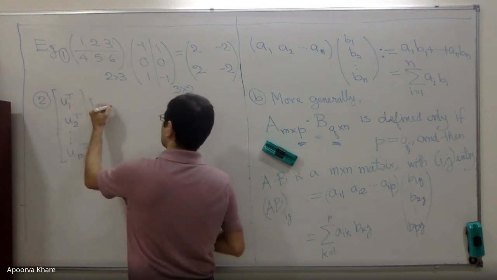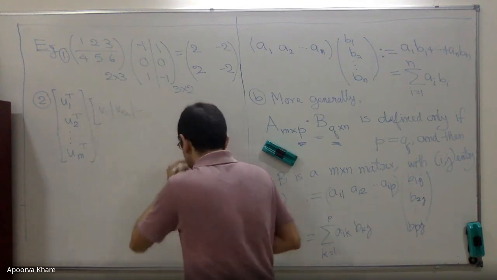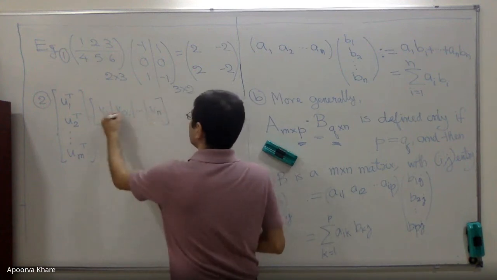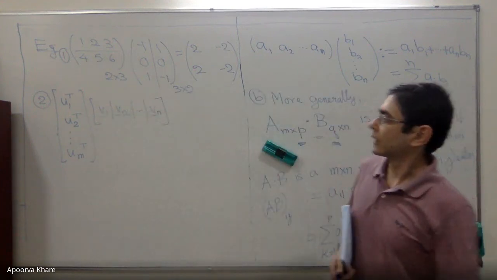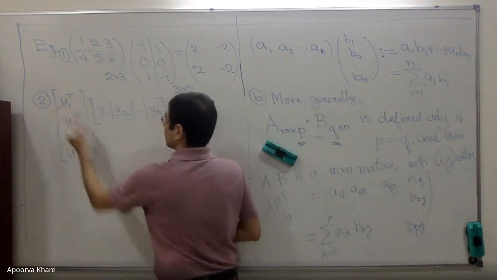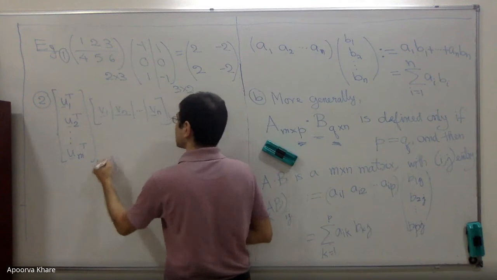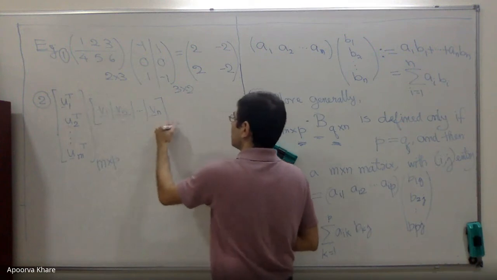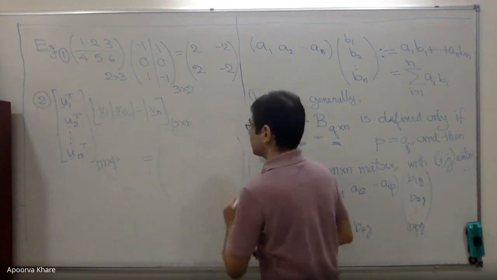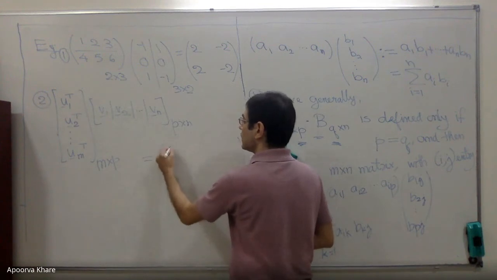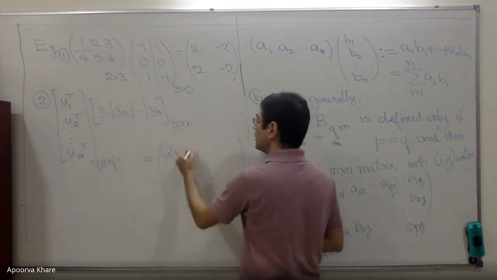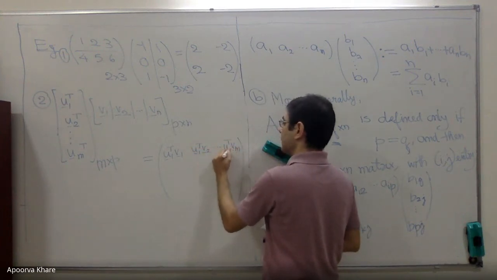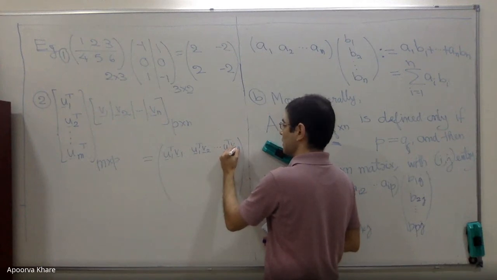And then V1, V2, up to Vn. This is an M cross P matrix. Each of these row vectors has p columns, and each of these column vectors has p rows. And this is equal to this big matrix. The 1,1th entry is U1 transpose V1, the dot product. The 1,2th entry is U1 transpose V2, and so on up to U1 transpose Vn.